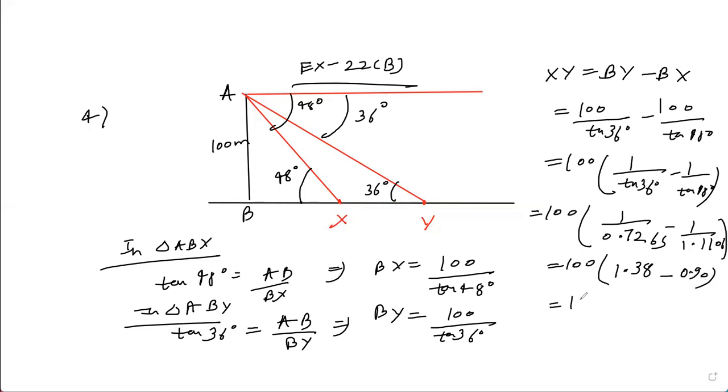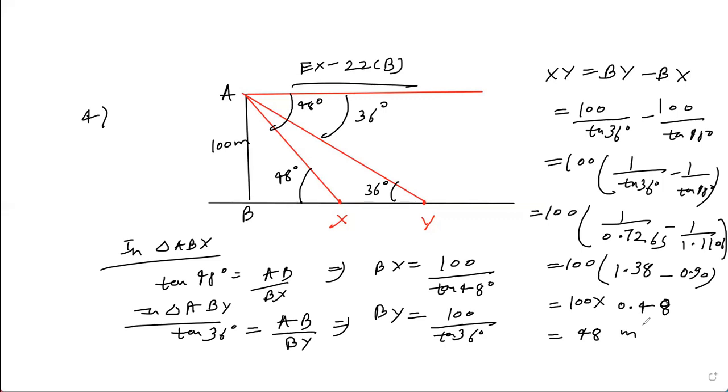So in that case, it will be 100 into 0.48. So it will be approximately 48 meters. So the distance between the two ships, if they are on the same side, is going to be 48 meters.